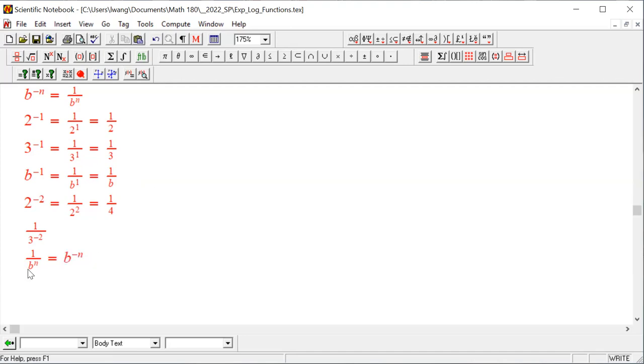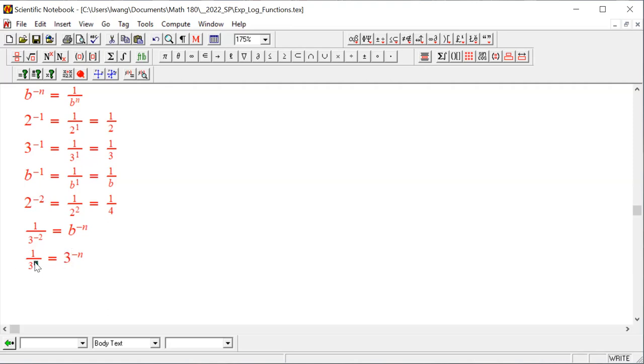So b is 3, n is -2. On the other side, it should be b to the power of -n. So from the left-hand side, we have identified n, and b is 3 for sure. The base is set.